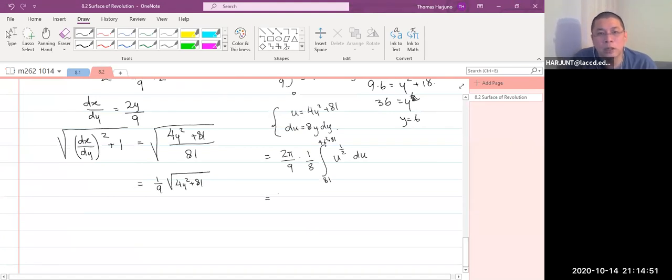Now this is pi over 36 times the integral of u to the 1/2, which is 2 over 3 u to the 3/2, from 81 to 4 times 36 plus 81, which is 225.